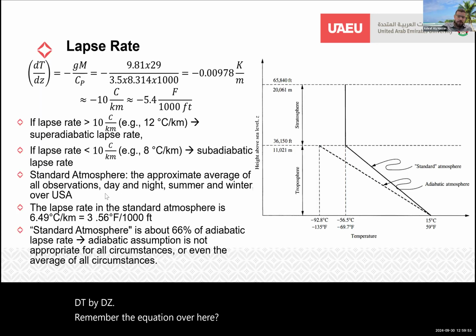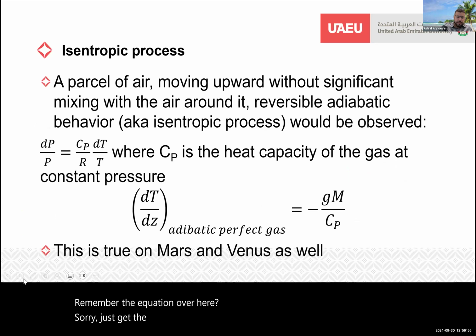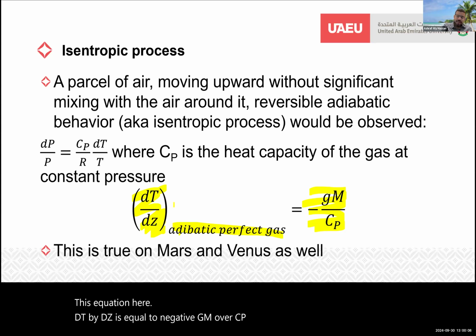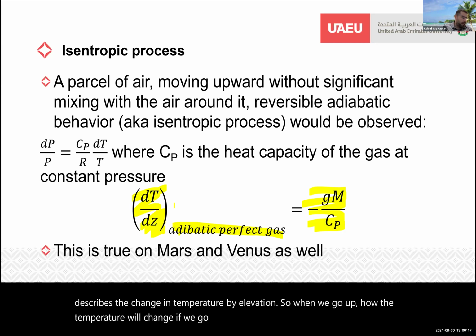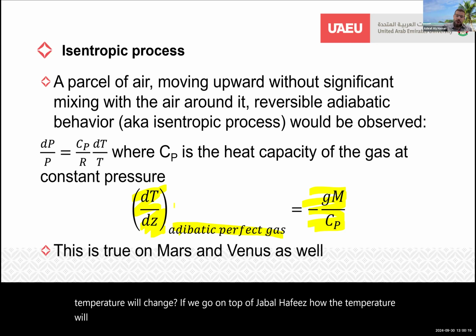This equation: dT by dz is equal to negative G M over Cp. This equation describes the change in temperature by elevation. So when we go up, how the temperature will change. If we go on top of Jabal Hafeet, how the temperature will change, or if we go underground, how the temperature will change.